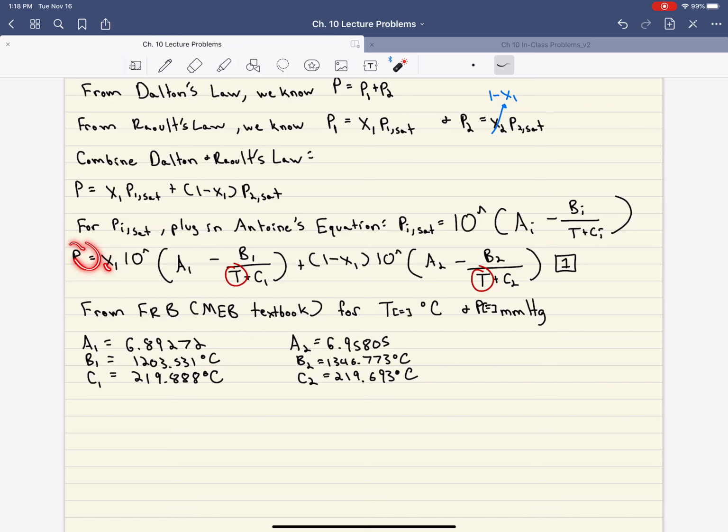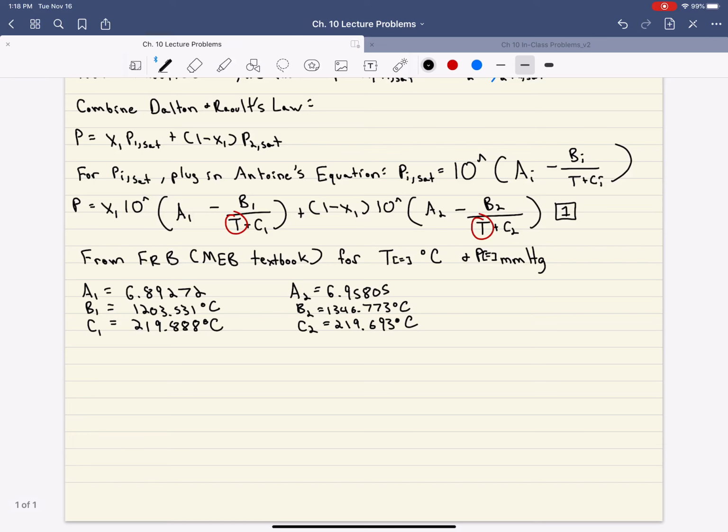If we go back to equation 1, we now know all the constant values. We know the pressure and we know the mole fraction, so we only have one unknown. The tricky thing here is that we do not have a linear equation at all, and we can't solve for temperature explicitly because all these constants are different. So in order to solve this, you have to go to the strategy that you learned about in computations and solve equation 1 implicitly.